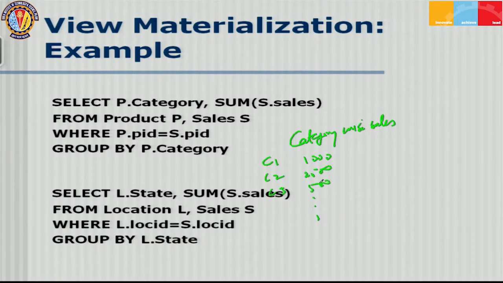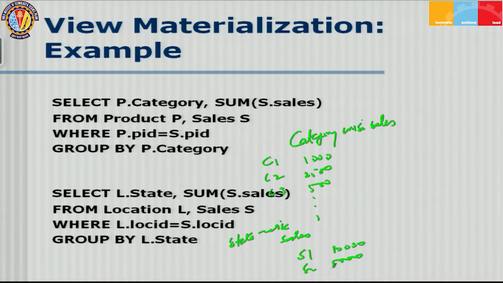Now here I have another query, which is select L.state and sum of sales from location L and sales S, where L dot, so this is the join condition, and group by state. So another query, this is state wise sales. The results would be like this: state 1 10,000, state 2 5,000, state 3 and something.